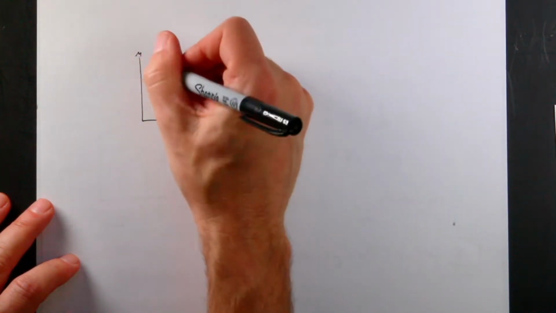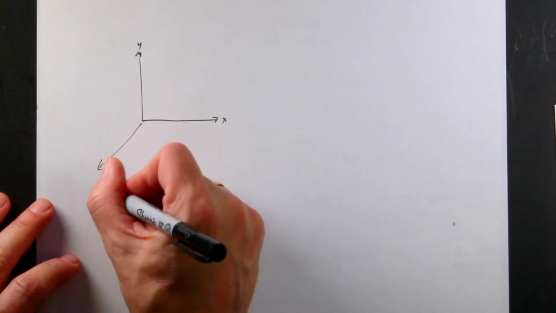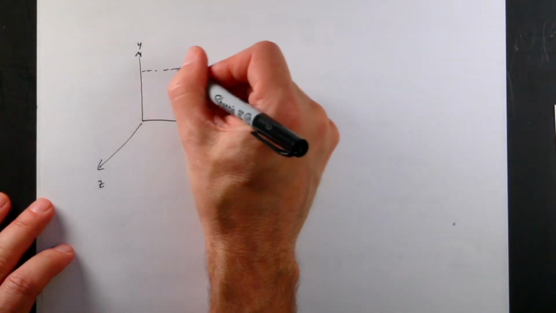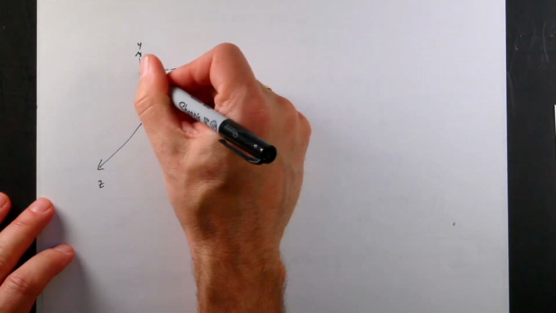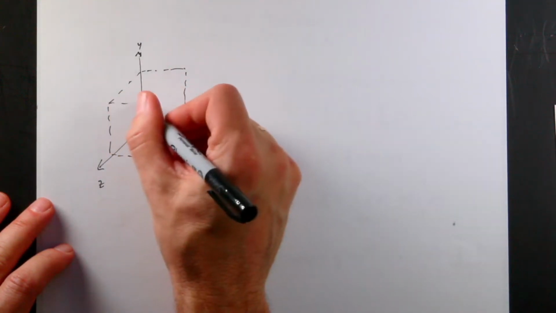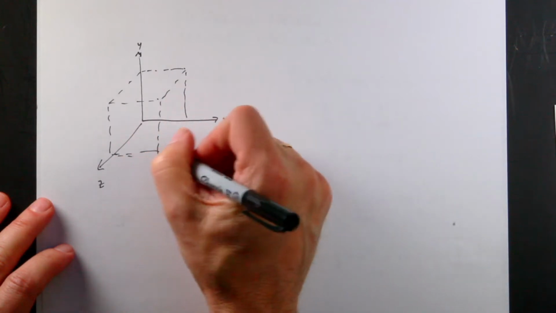X, that's y. I'm doing x, y, and z this way because that's the way it appears in Python. And so here is my box.